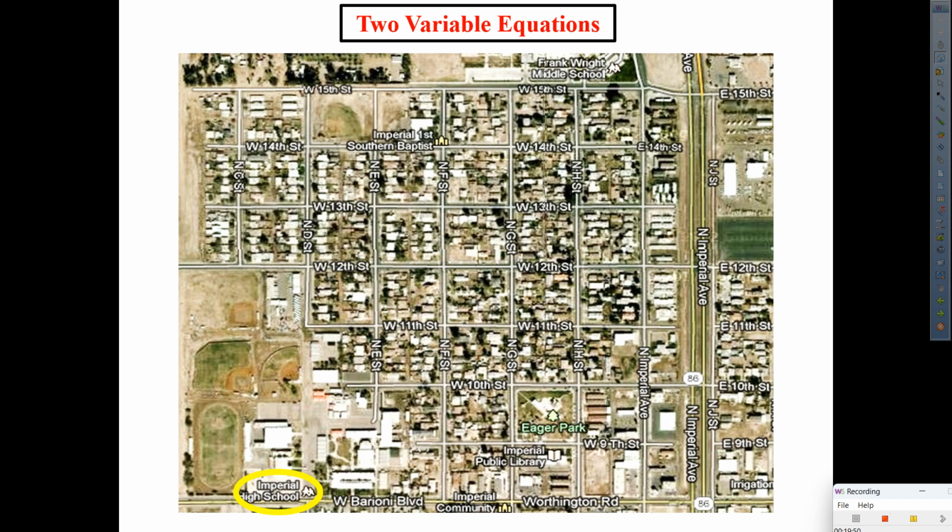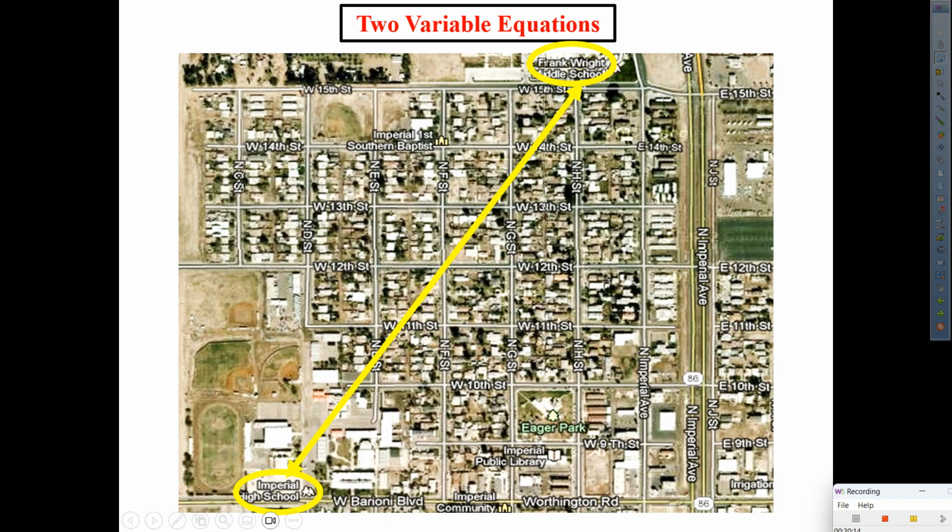Do you know where Frank Wright is? I said, oh yeah, let me get my phone. It's over here. We're here, and Frank Wright is over here. The parent said they need to register their daughter at Frank Wright. I said, okay, so get in your car and just go through all these blocks like this, crash into all the homes, and get to Frank Wright.